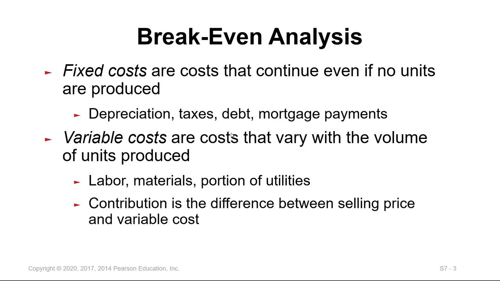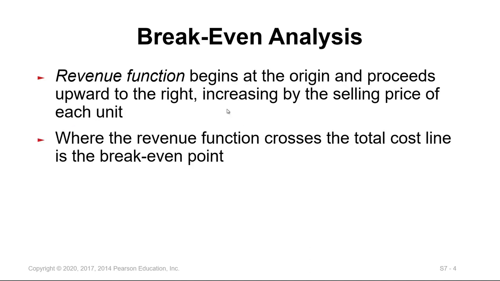The fixed costs are the costs that continue even if no units are produced, such as depreciation, taxes, debt, mortgage payments, and other costs as identified by the company. While the variable costs are costs that vary with the volume of units produced, such as labor, material, and portion of utilities.